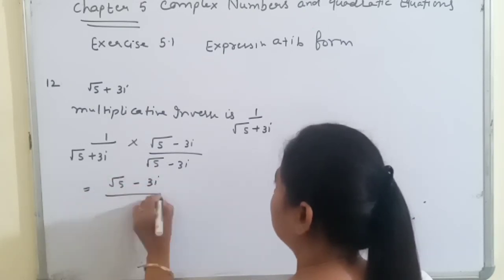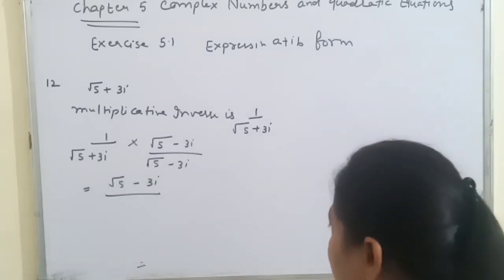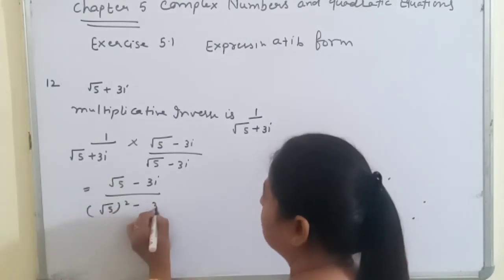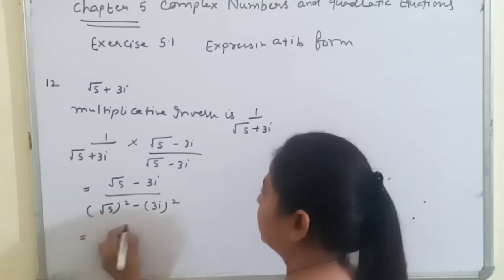At the denominator we will use the identity a plus b, a minus b, a square minus b square.